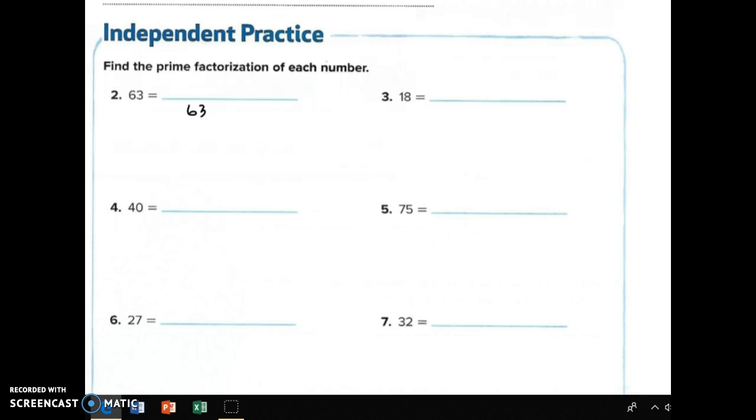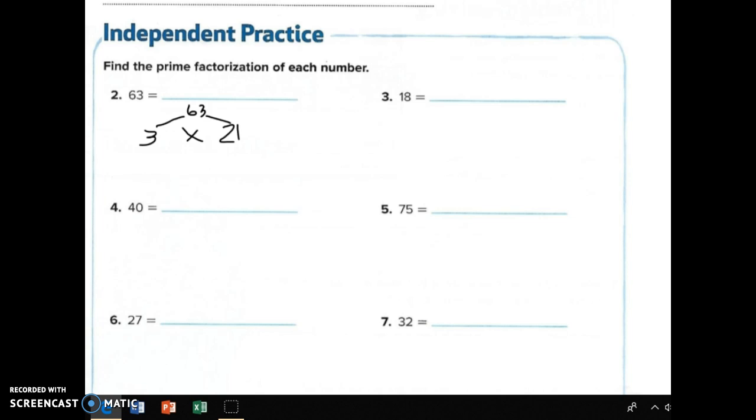Then you have to choose any pair of whole number factors of 63. 2 cannot go into 63 because 63 is an odd number. So then we try 3. 3 times 21 is 63. Now, 3, we cannot divide any less. So 3 will stay. We will bring 3 down.